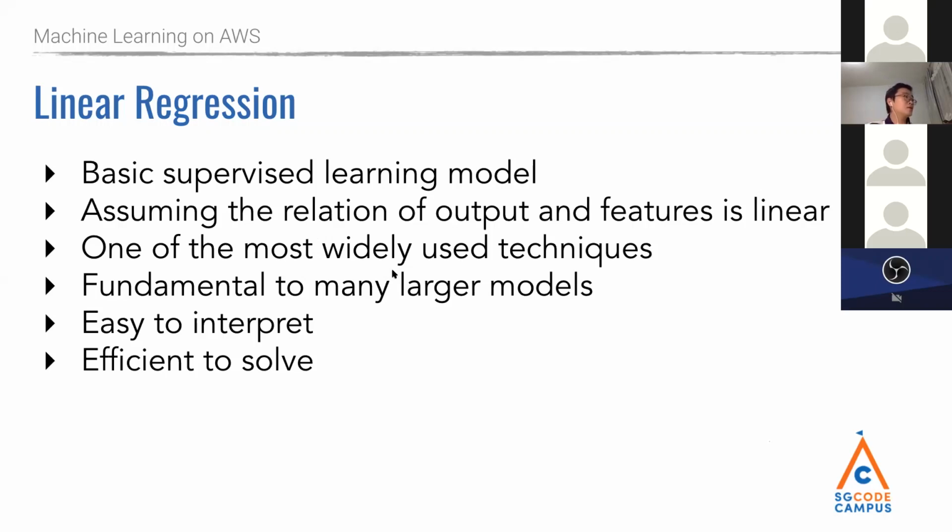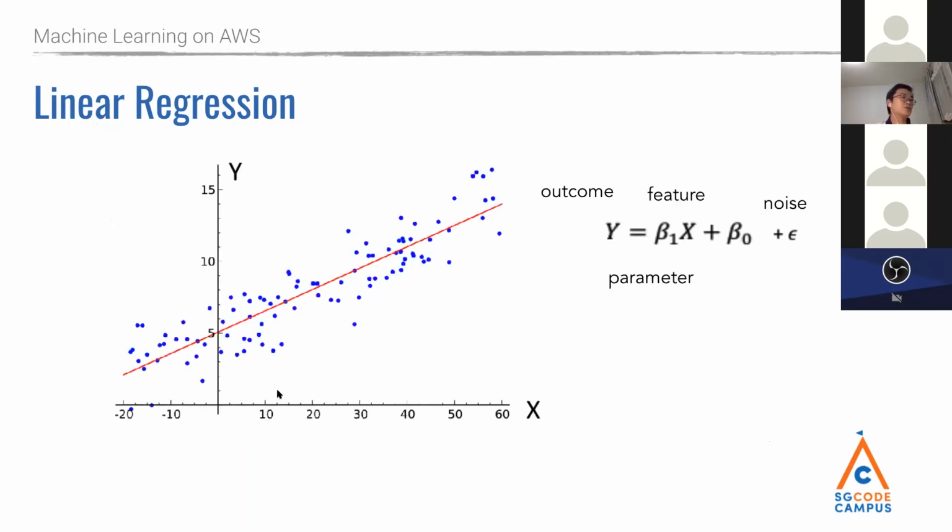I think in the next session about deep learning, you are going to touch on neural network models. Linear regression is easy to interpret and easy to solve. Otherwise, we would have to spend the whole 2 hours just to train a model.